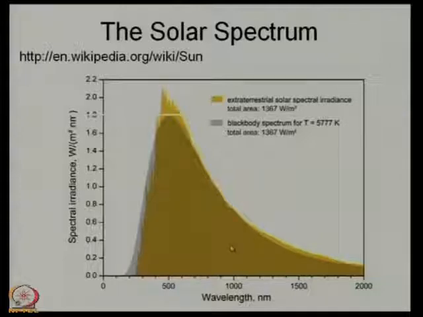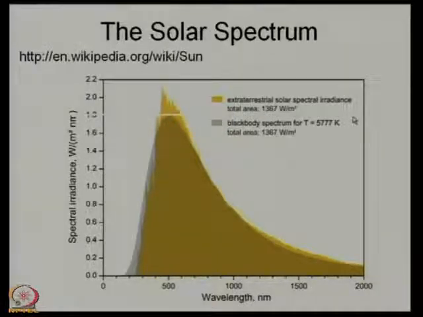Now, the match, as you can see, is quite good in this region. So, in the visible, the ultraviolet, and in the infrared, the solar spectrum is quite well fit by a black body at 5777 Kelvin.